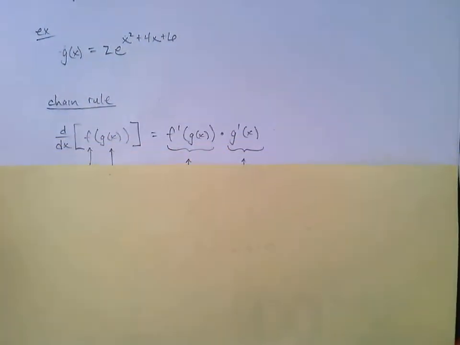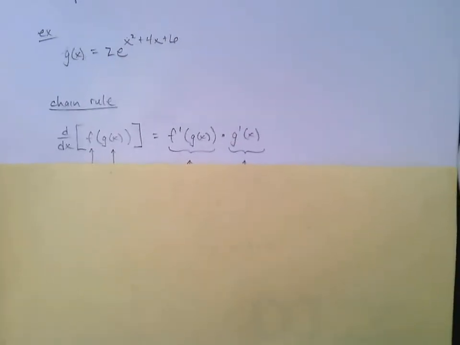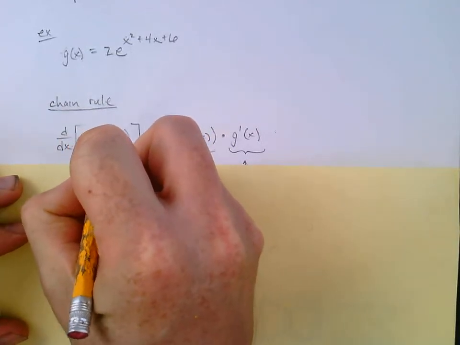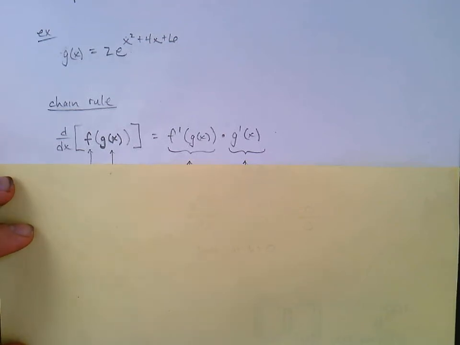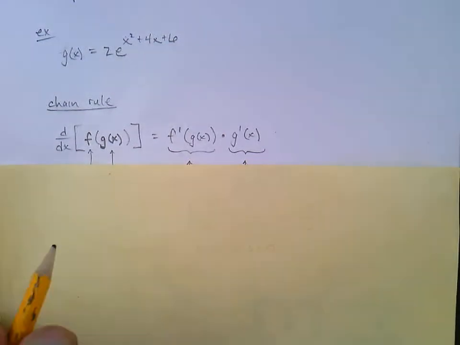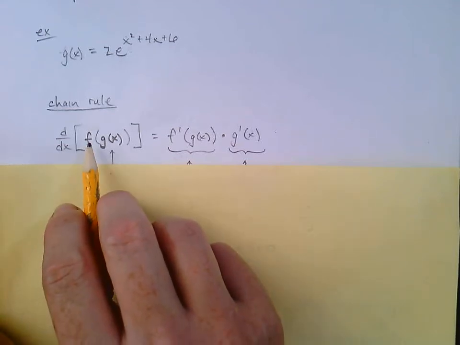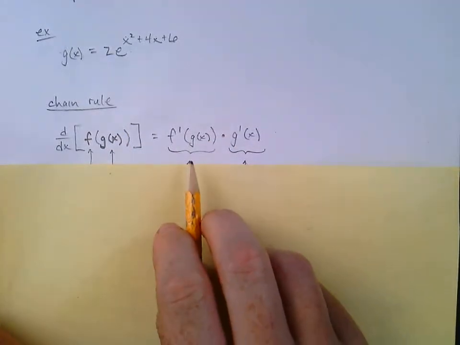Here it is, the chain rule. And you see I've got some arrows there, but I'll save that for once I explain what's going on here. Okay, so we're thinking of the derivative of our composite function f of g of x. And here's how we take it.